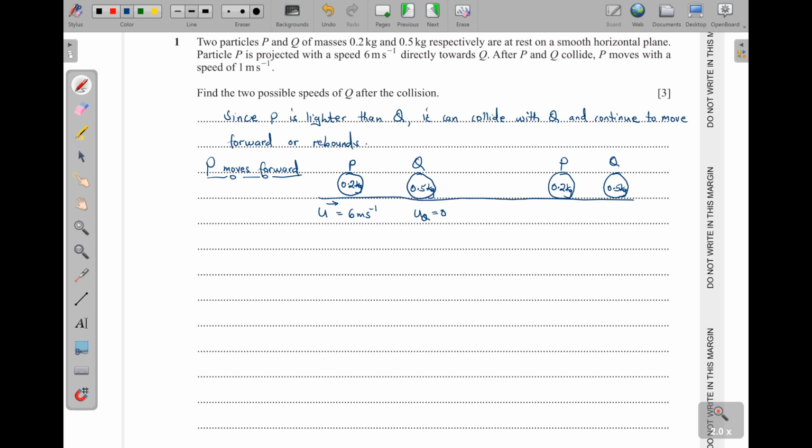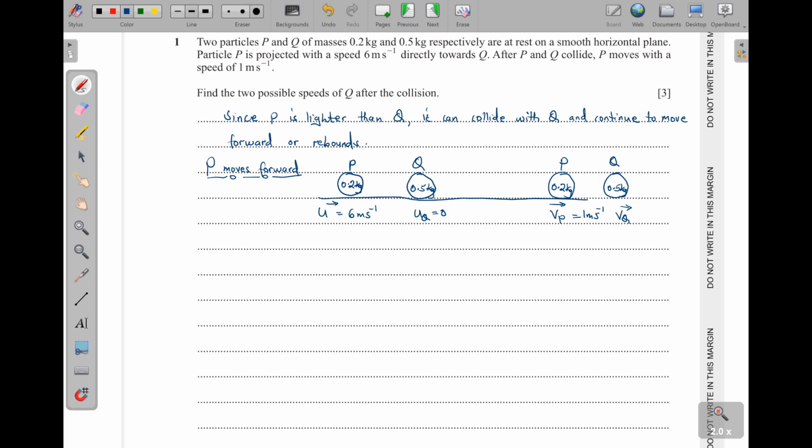Then after collision, the velocity of P, now P is moving forward, is 1 meter per second, and that of Q we don't know. They have said to find two possible speeds of Q after collision.